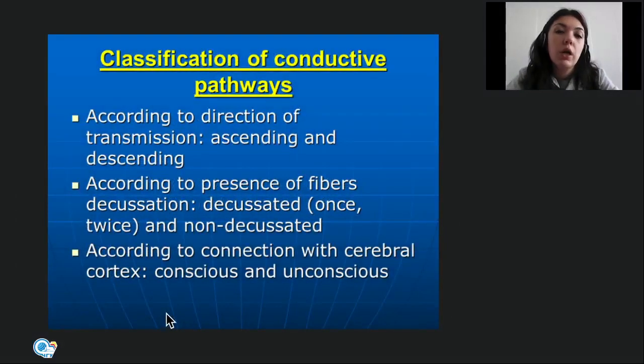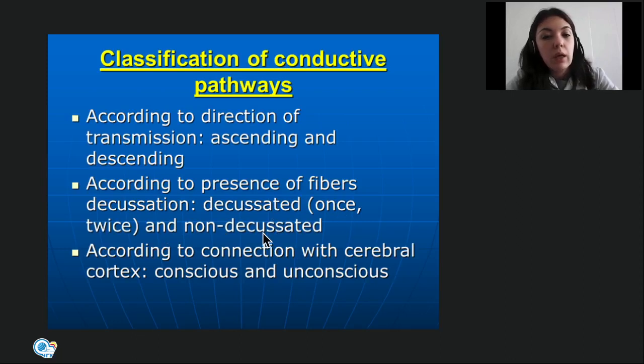All the conducting tracts are divided according to the direction of transmission into ascending or descending, so sensory or ascending and motor descending. According to the presence of fiber decussation, they can be decussated once or twice, or non-decussated.